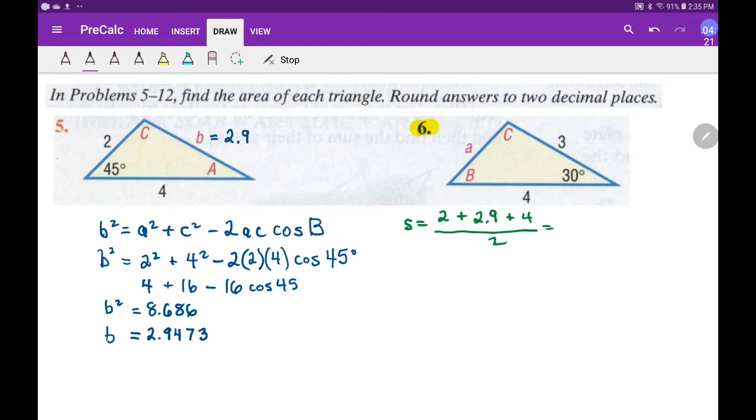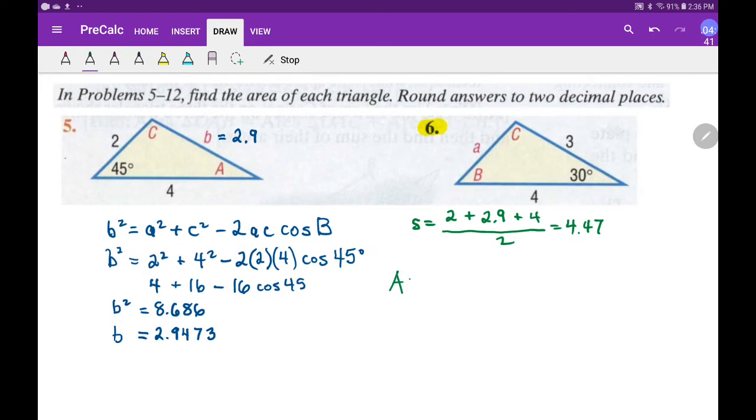Alright, so what is that? Well, I have my 2.9, and I kept the decimal places, so I'm going to use them. Plus 4, plus 2, that's 8.9. And I divide by 2, and I get S is 4.47. Lovely. Be nice if it were a whole number, but anyway. Here we go.